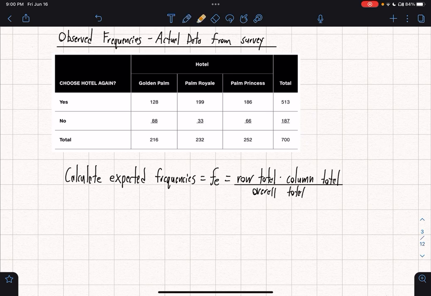So we need to do this for each of our 6 outcomes. So Golden Palm, yes. Palm Royale, yes. Palm Princess, yes. Golden Palm, no. Palm Royale, no. Palm Princess, no.